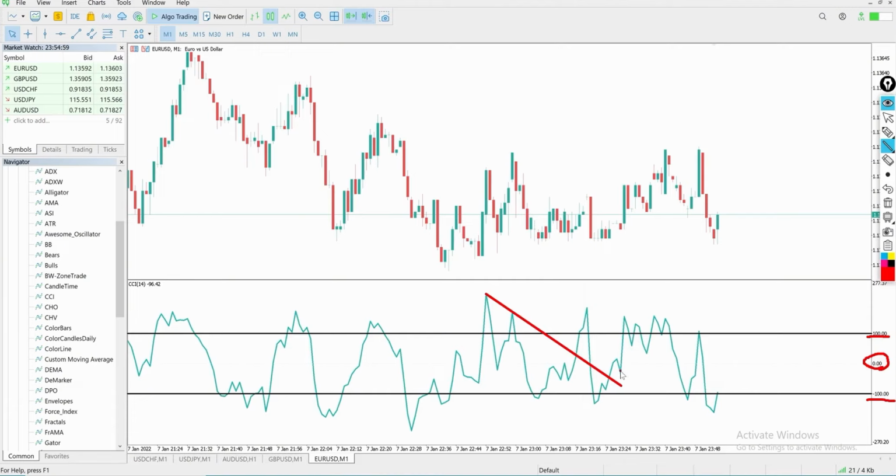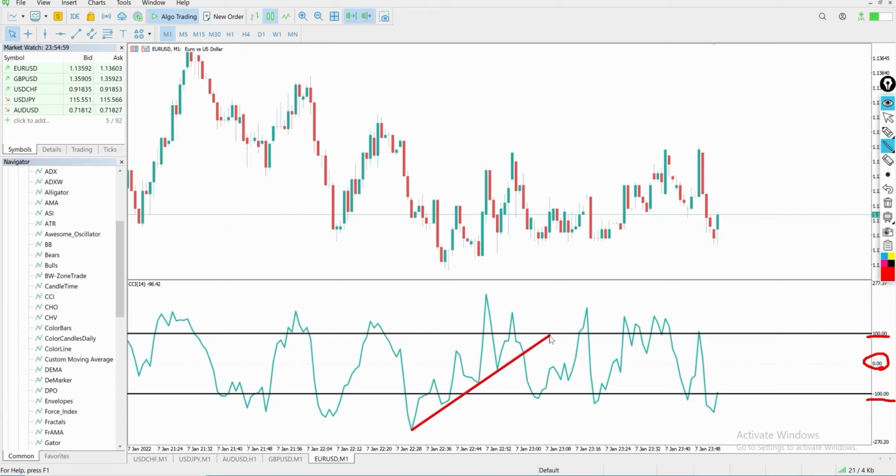Similarly, we can connect the lows as well. For instance, we can see that the CCI chart broke this trend line downwards, and a downtrend followed after that. So, this is another application of the CCI indicator, drawing trend lines directly on the indicator itself. However, it's essential not to rely solely on this signal for opening trades.